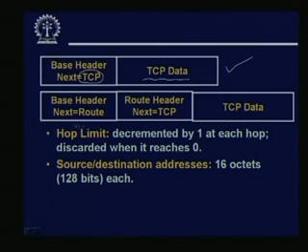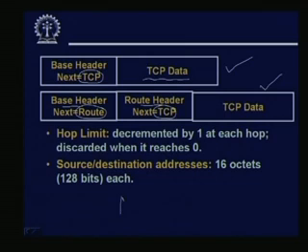But in the next example, say we have a scenario where in addition to the base header, we have another header which is a routing header, which is used to establish a high quality path, for example. So, in this case, the base header will have the next pointer of type route, and the route header will have the next one of type TCP.